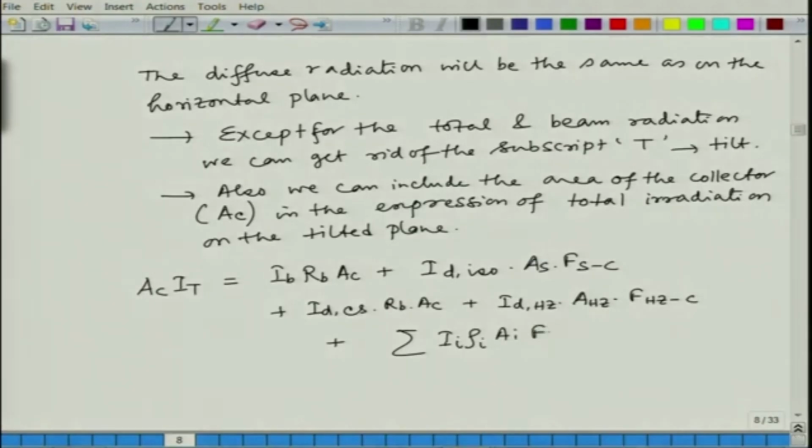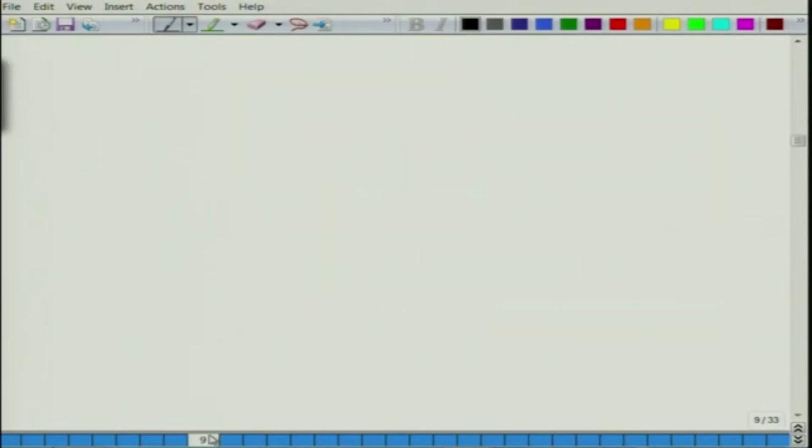plus the summation of different reflected terms, A_i F_iC, summation over all the possible reflectors. Okay. So, this is somewhat overwhelming and jumping a few steps, so let me explain each of these terms. The first term is I_B R_B A_C.